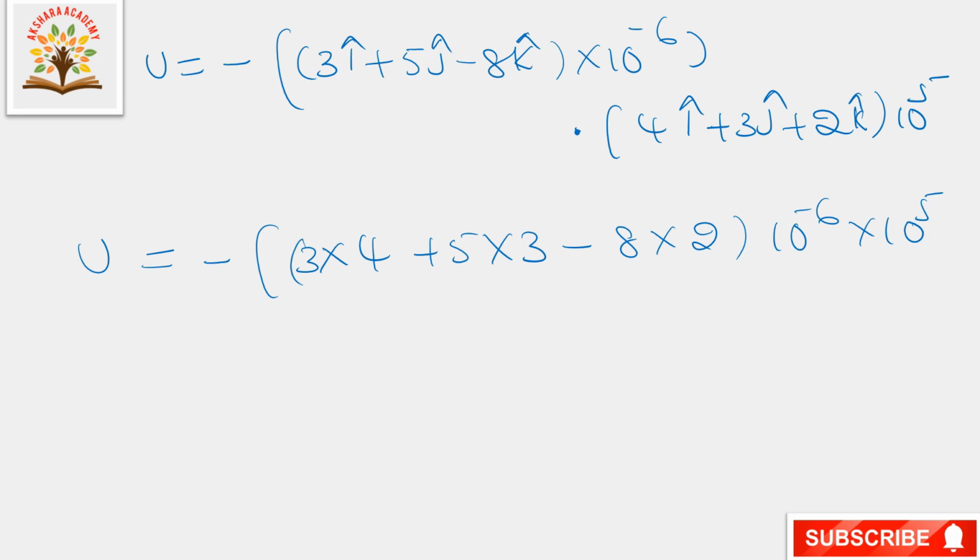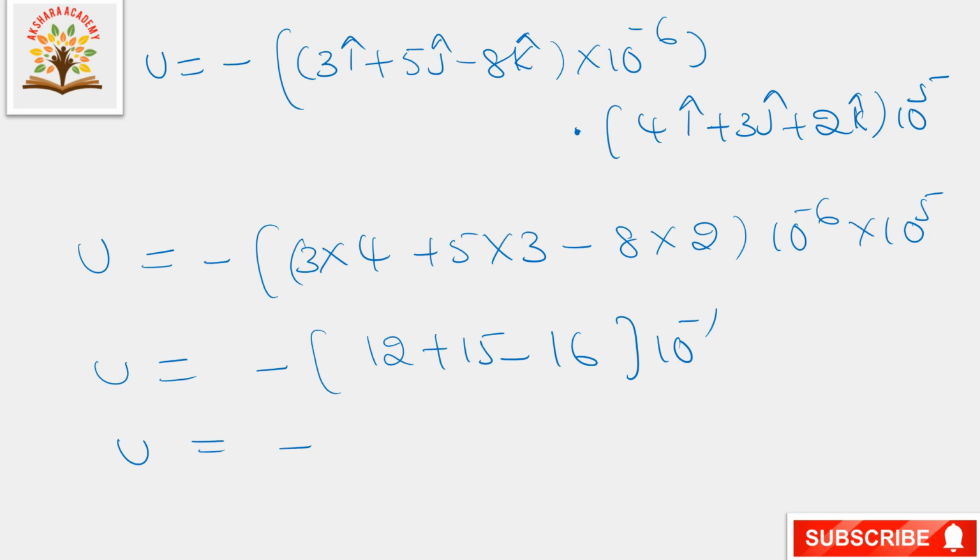So this is equal to minus of 12 plus 15 minus 16 into 10 to the power of minus 1, that is minus of 11 into 10 to the power of minus 1. So finally, the potential energy of the dipole U is equal to minus 1.1 joules. This is the final answer. Okay, thanks for watching this video.